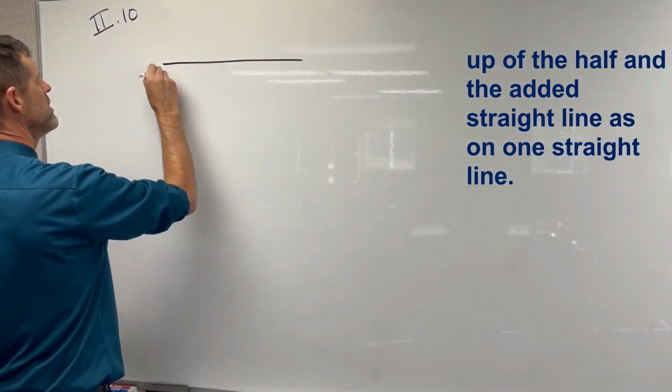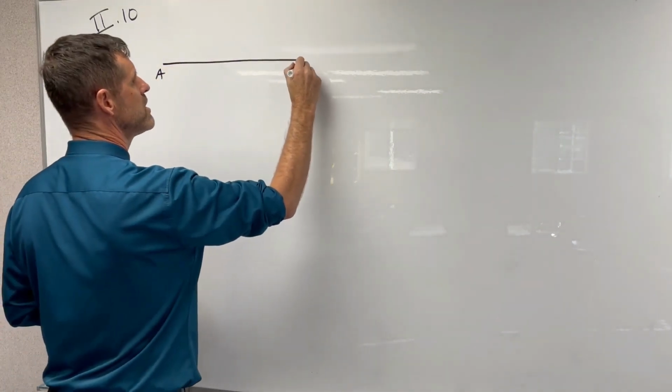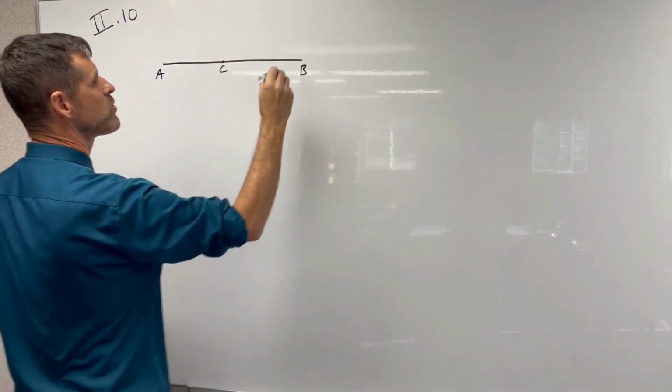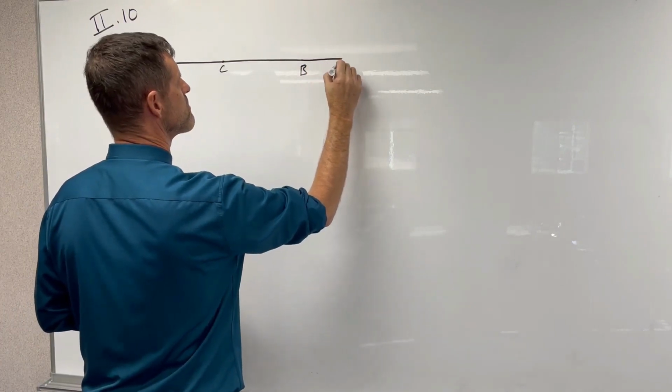Got our original line, whole line, we'll call it AB, and we'll bisect it at C, and then we'll add on to it BD.